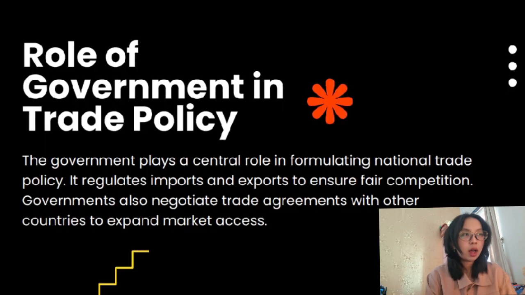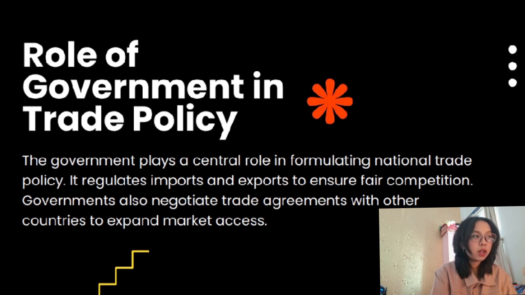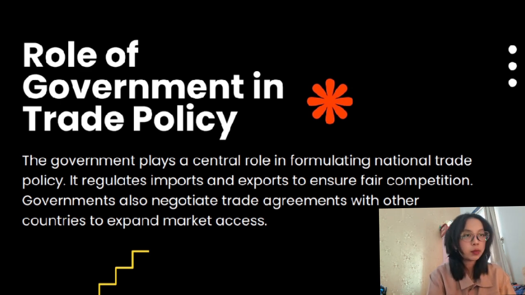Next, role of government in trade policy. The government plays a central role in formulating national trade policy. It regulates imports and exports to ensure fair competition and protect national interests. Governments also negotiate trade agreements with other countries to expand market access for domestic products.